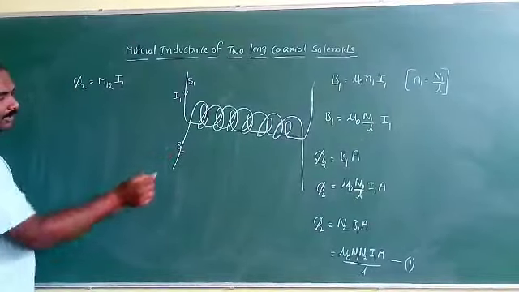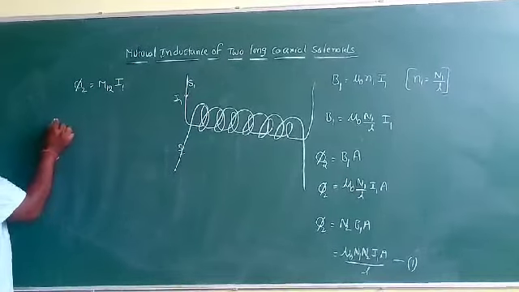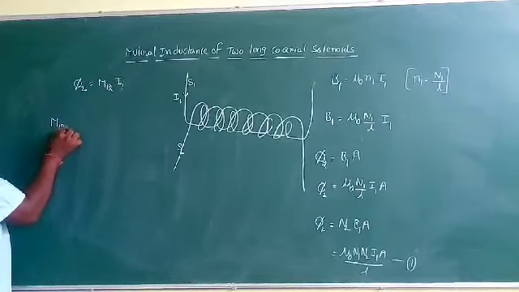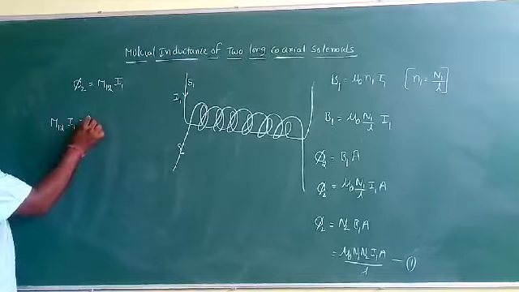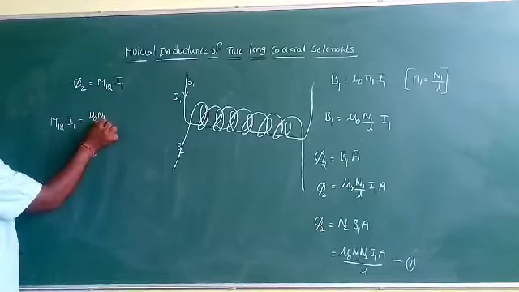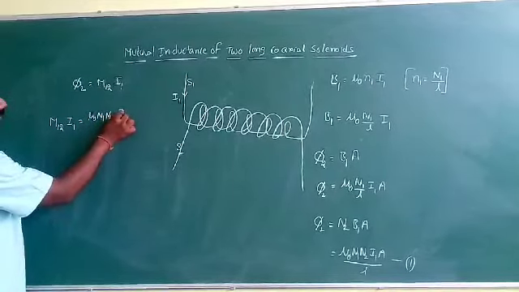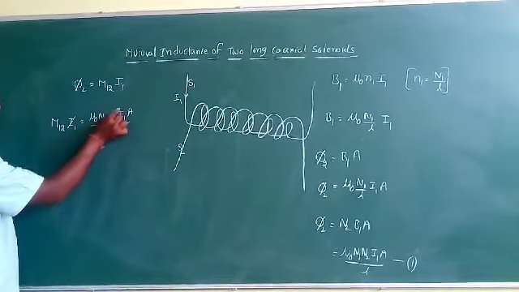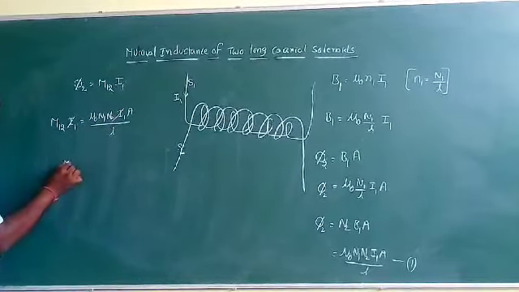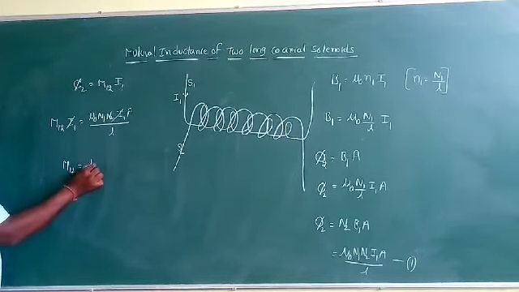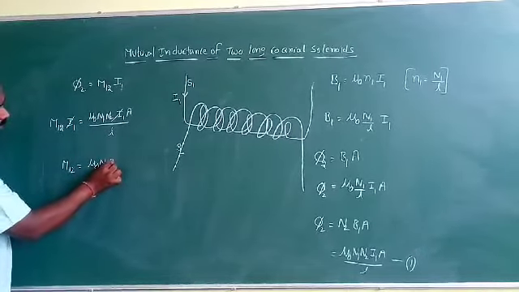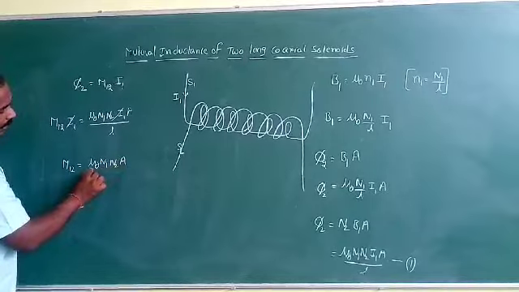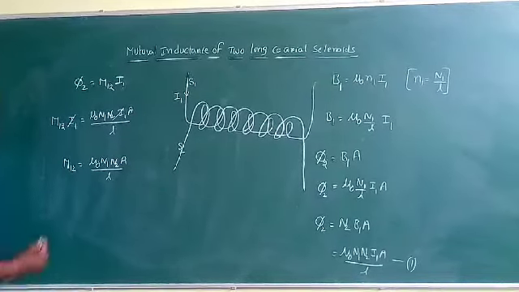Now substitute this in equation 1 in place of phi 2. That is, M12 I1 is equal to mu naught N1 N2 I1 A by L. I1 cancels, so finally M12 is equal to mu naught N1 N2 A by L.